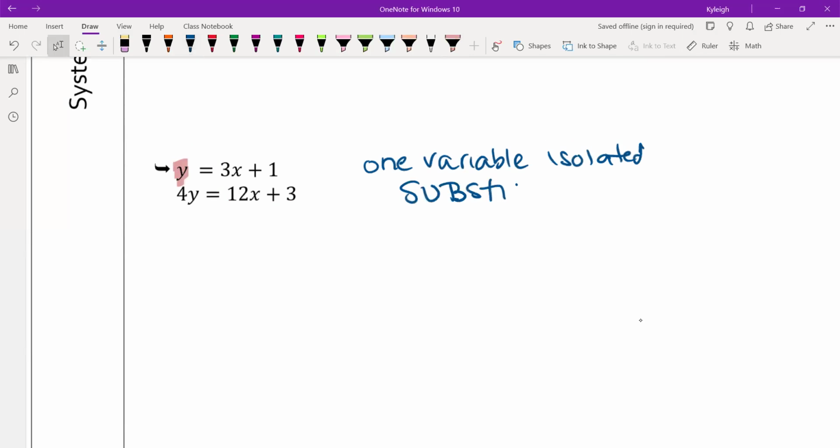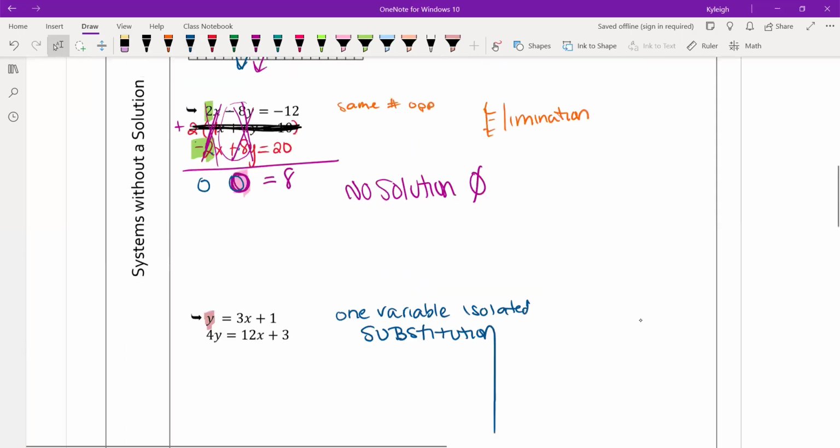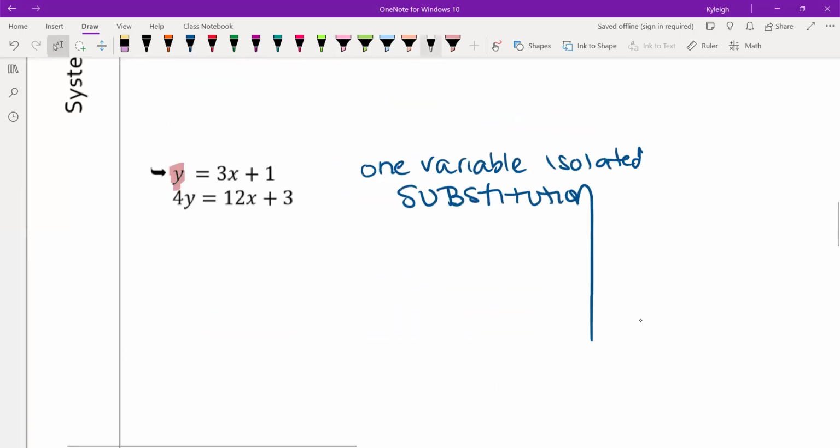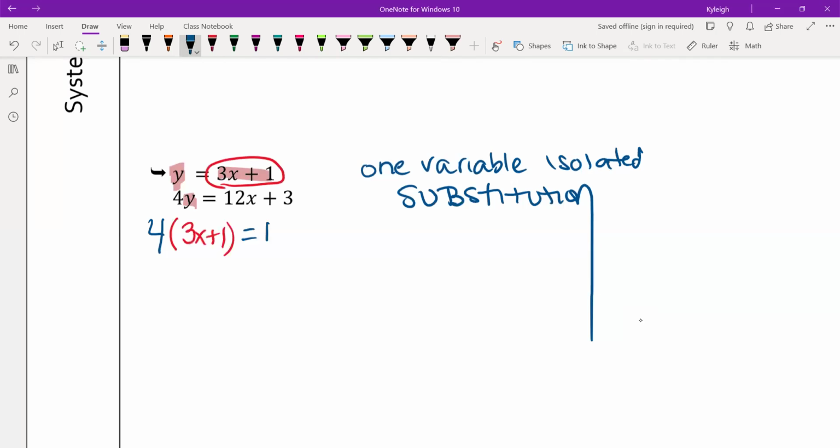We're going to take what y is equal to, this whole thing, and plug it in for y, because that's what it tells us to do. So our equation says for whatever y is equal to, in this case, 3x plus 1, equals the rest of the problem, 12x plus 3.